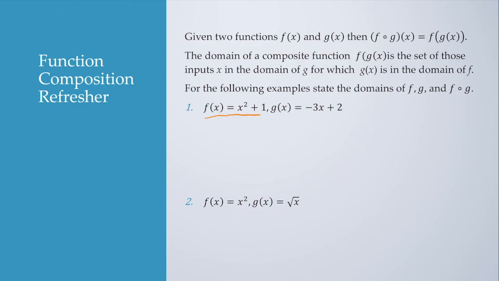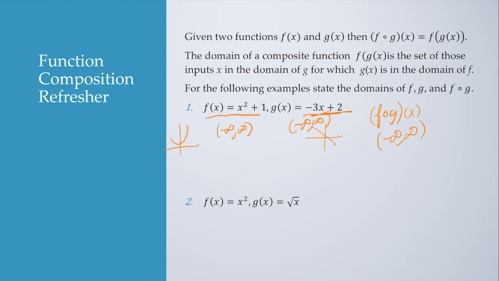Well, this is a parabola, right? What's the domain of parabolas? Well, it's all real numbers. And g is a line, right? Its graph looks like a line with negative slope. The domain of this is negative infinity to infinity. So if I was to compose these functions, as there's no restriction on any of the domains, the domain of the composition would also be from negative infinity to positive infinity.